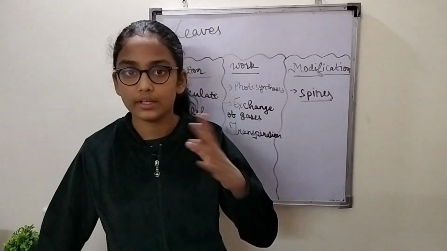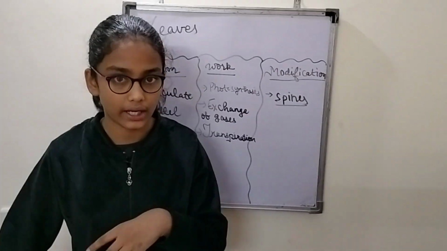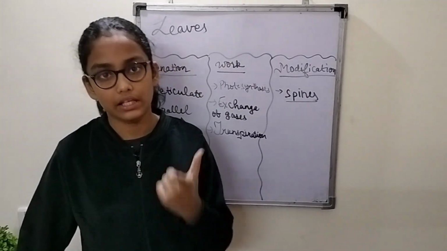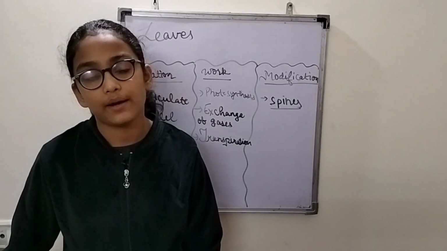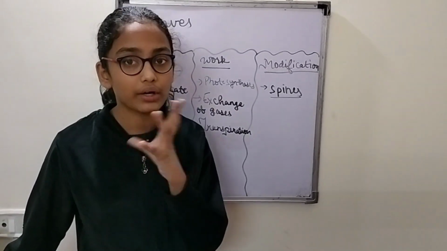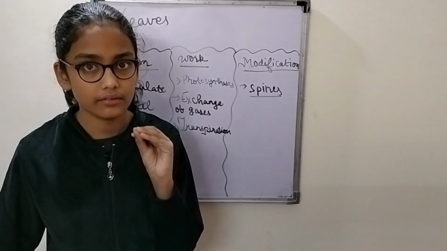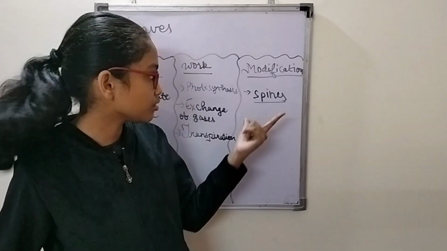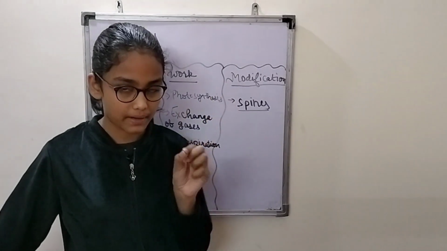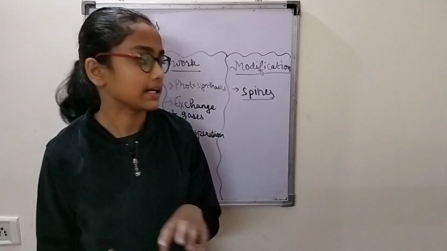As you know, the desert region is hot and dry. So if there were leaves, transpiration would happen. The plant would lose water, and how is it possible for a plant to survive without water? So the leaves are converted into spines to prevent water loss.